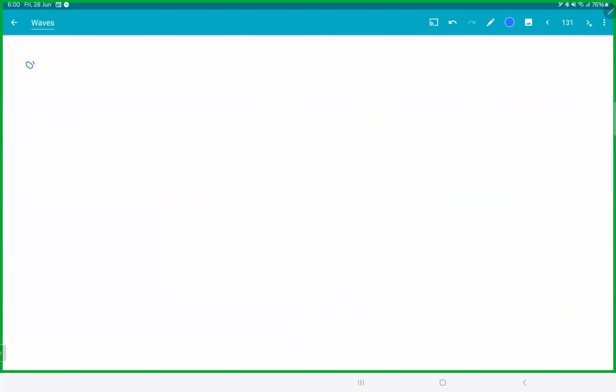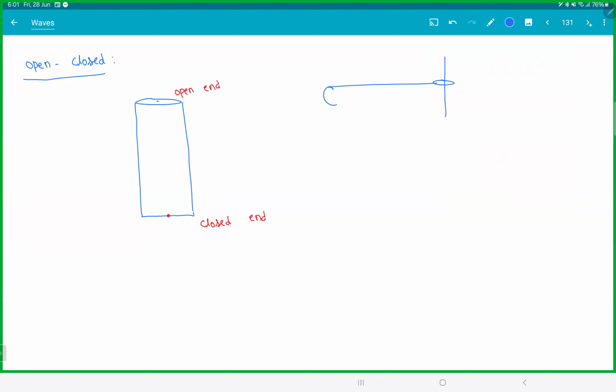Open and closed pipe. In this case, we have an open end, which we discussed already. The open end behaves the same way. Here there is a closed end. In a closed end, the particles are fixed, so it behaves like a fixed end.